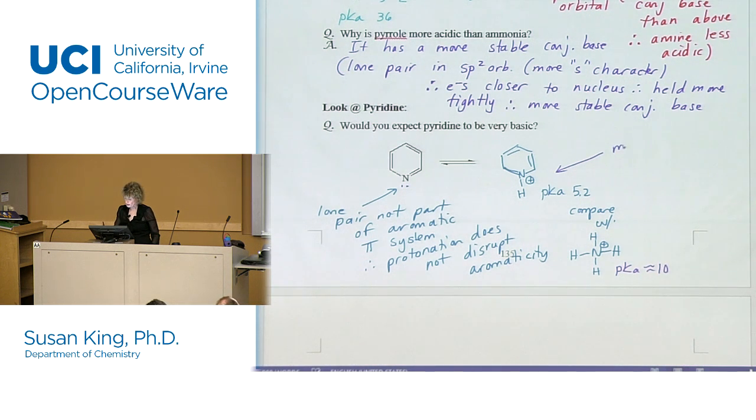And so we have a more acidic conjugate acid, because the conjugate base is more stable. Why? Lone pairs are in an sp2 orbital rather than an sp3.